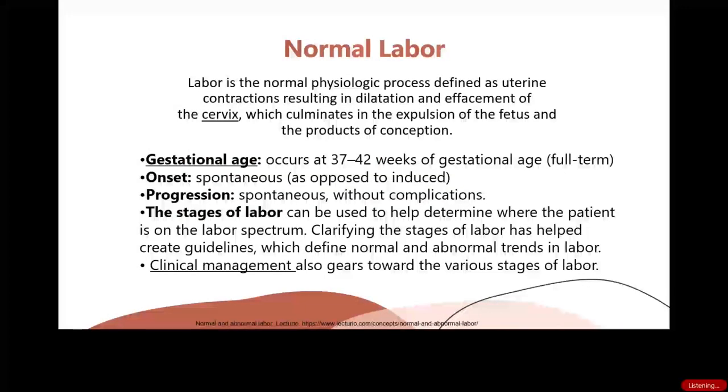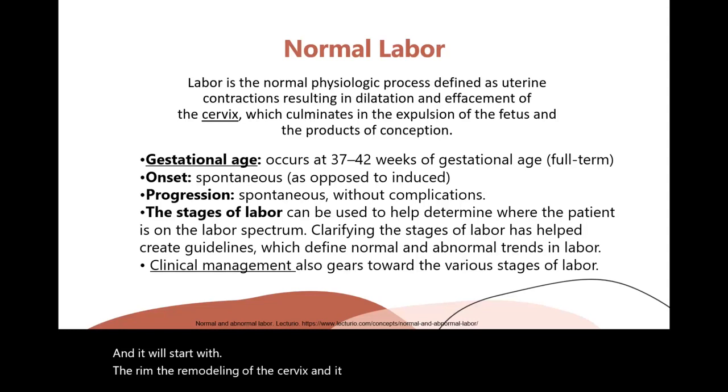What is normal labor? It is a physiological process that starts with the remodeling of the cervix and ends with the expulsion of the product, in this case, the fetus or the baby.